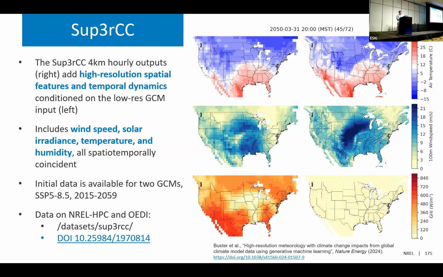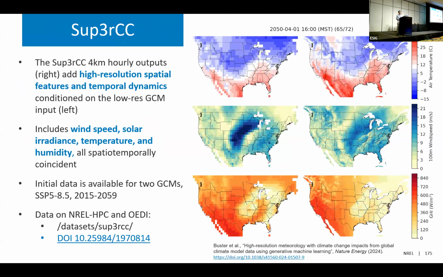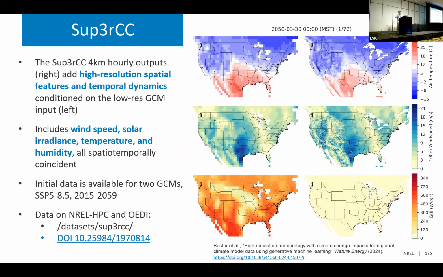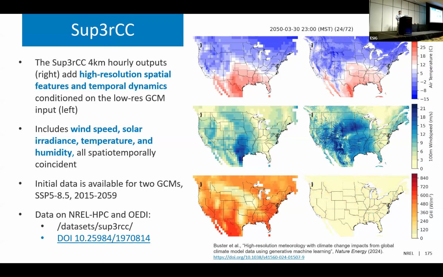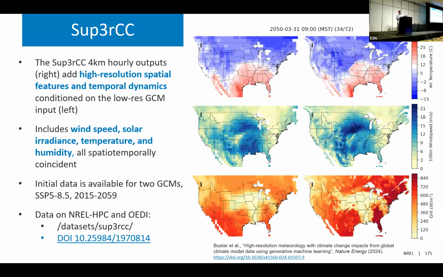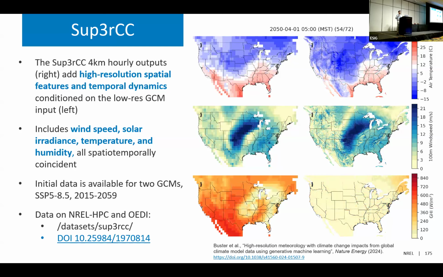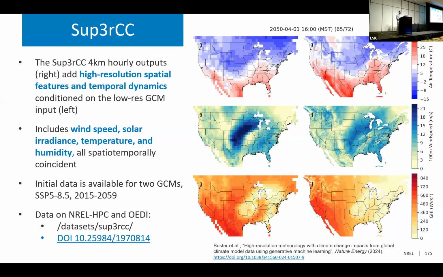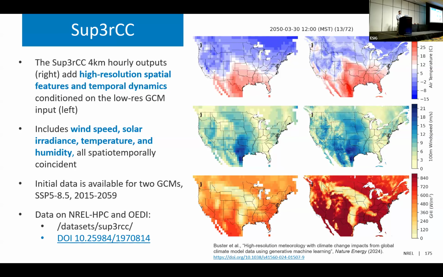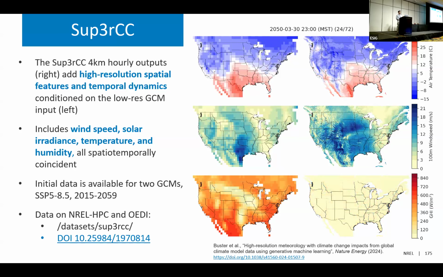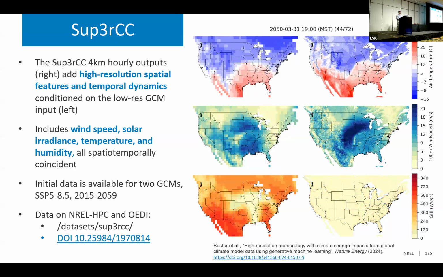And we have a journal article just published in Nature Energy describing the data, the methods, and a lot of validation, all these fancy plots, joint distributions and whatnot, showing that the data appears to be spatiotemporally coincident. So we have these weather patterns that move across space and time in a reasonable manner. And we have coherence across multiple variables, similar to previously used data sets and historical observations. Once again, the data set's public.